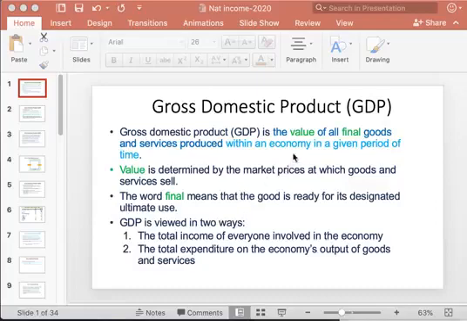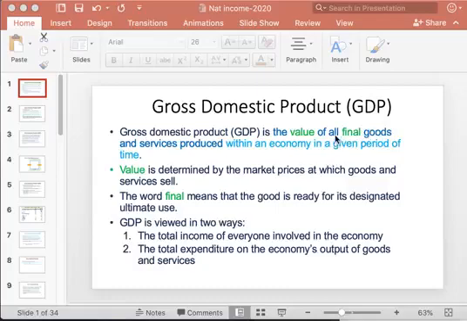And the term value in this definition, value of all final goods and services, refers to the market prices at which goods and services are sold.